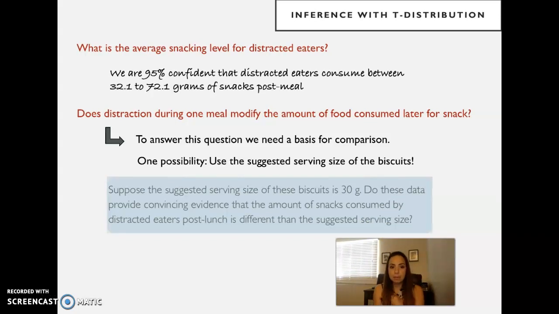Do our data provide convincing evidence that the amount of snacks consumed by distracted eaters post-lunch is different than the suggested serving size? I want you to take a second, and with what we have right now, can we already say with some confidence that it is different?